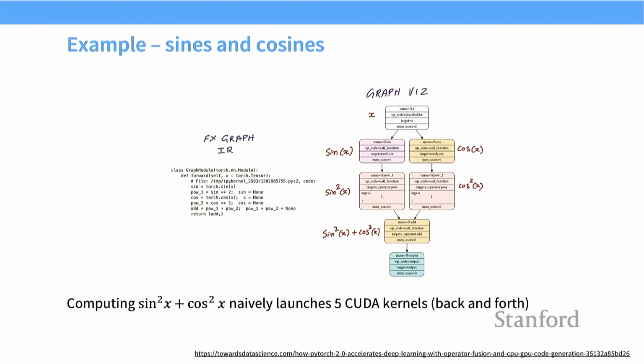Now, if I run this, the computation graph in PyTorch is going to look something like this, and it's going to launch a whole bunch of CUDA kernels. It's going to take in the x, and it'll launch a CUDA kernel to compute sine x. It'll launch one to compute cosine x, then sine squared of x, and cosine squared of x, and sine squared x plus cosine squared of x, right? So there's a bunch of back and forth that has to happen in order to do this computation. It's exactly the left-hand side figure that I showed you before.